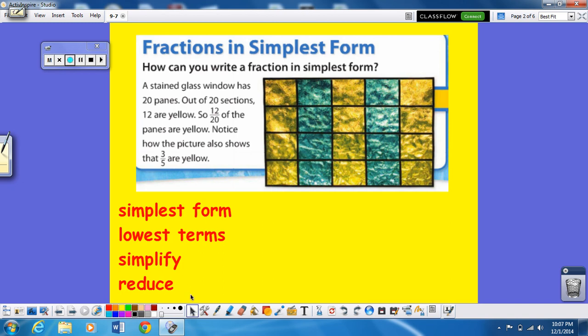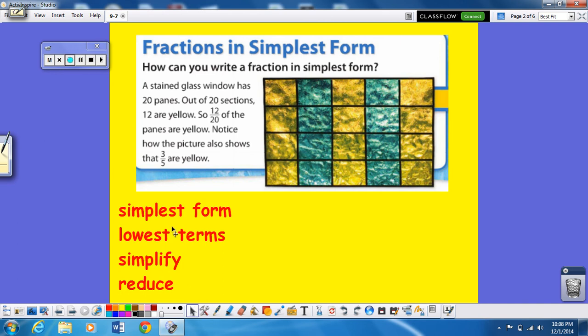Now I wrote these terms on the bottom of this page to remind myself, to remind you, that on a test or in class or any time we're talking about fractions and wanting them to be as low as they can possibly be, you're going to hear any of these terms. It may say put them in simplest form. It may say put them in lowest terms. It may simply say simplify, or it may say reduce the fraction.